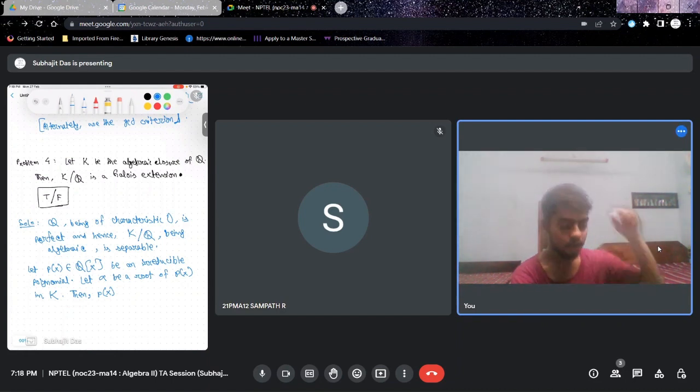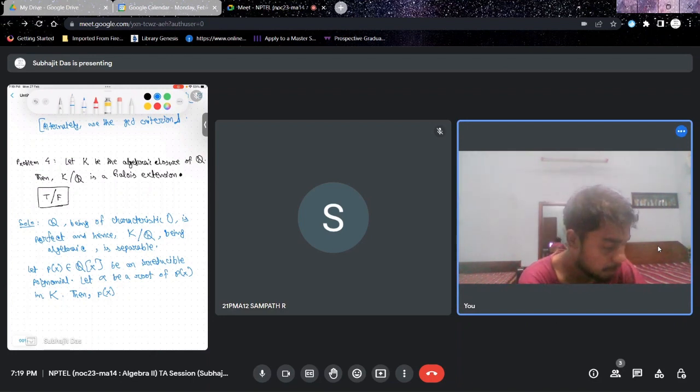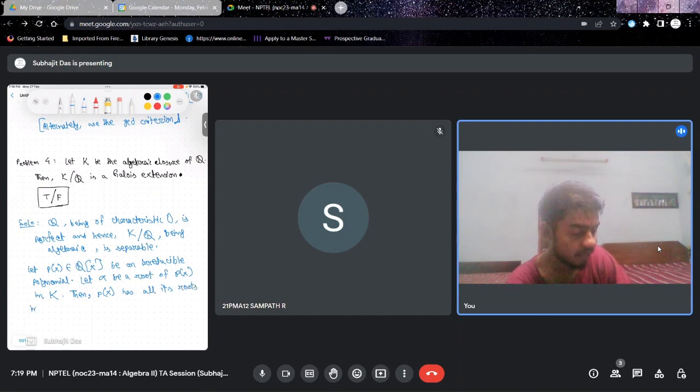Now observe that p(x) has been taken to be an irreducible, non-constant polynomial over the base field, and since K is an algebraic closure of the base field, this polynomial will split completely into a product of linear factors over this extension, by definition of algebraic closures. So p(x) has all its roots in K, as K is the algebraic closure of Q, that is K is equal to Q bar.